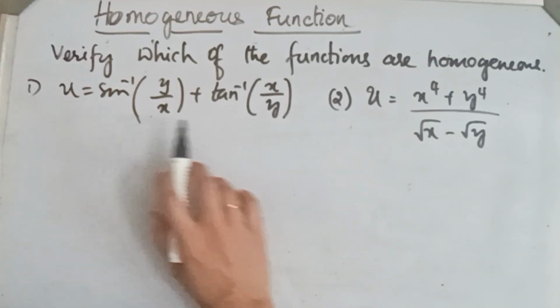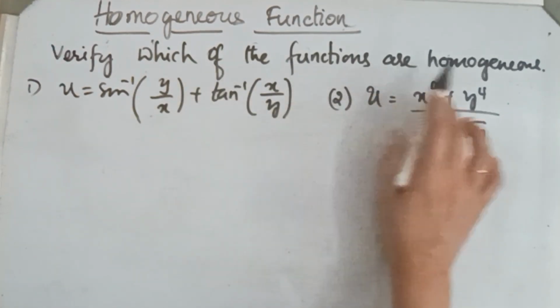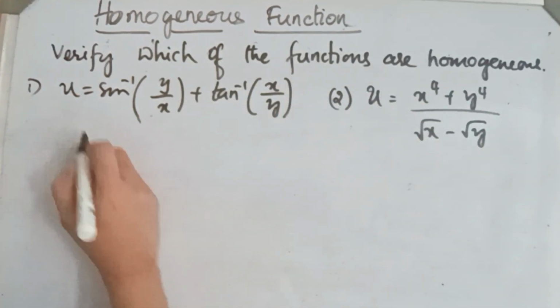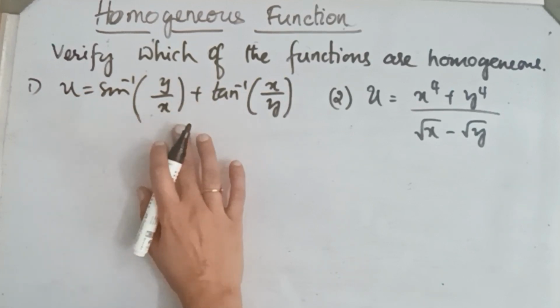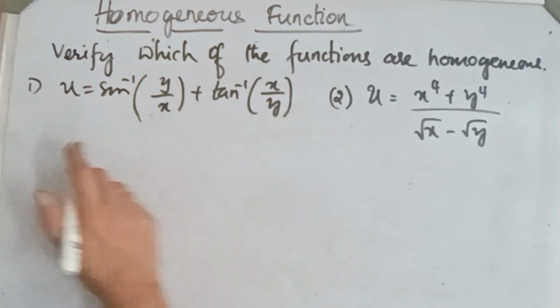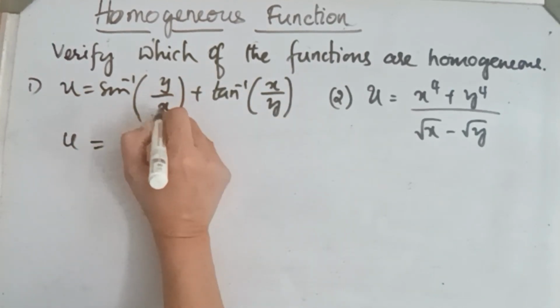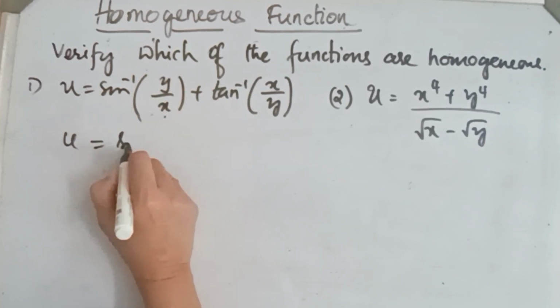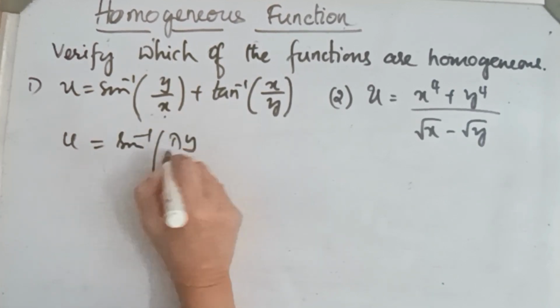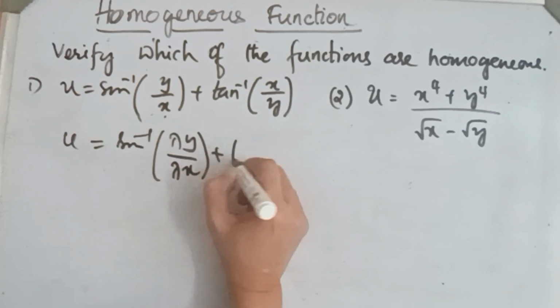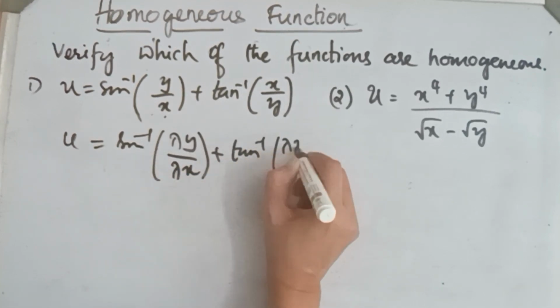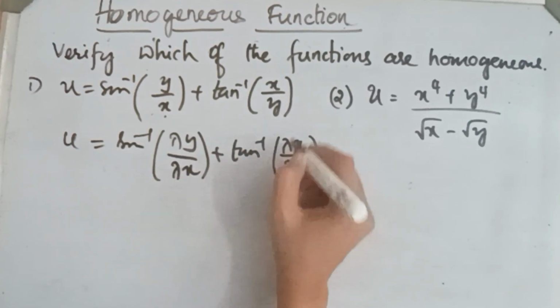Here are two examples. Verify which of the following functions are homogeneous. The first one, u equal to sine inverse y by x plus tan inverse x by y. So you can replace x by lambda x and y by lambda y. So you will get sine inverse of lambda y by lambda x plus tan inverse of lambda x by lambda y. So anyway, lambda cancels.